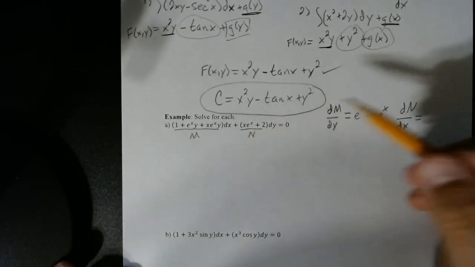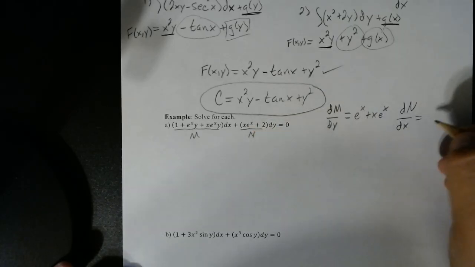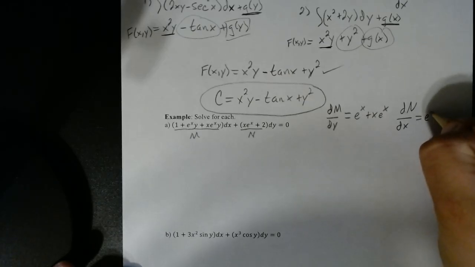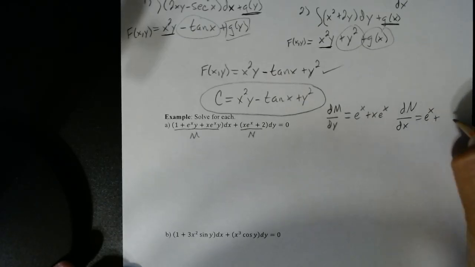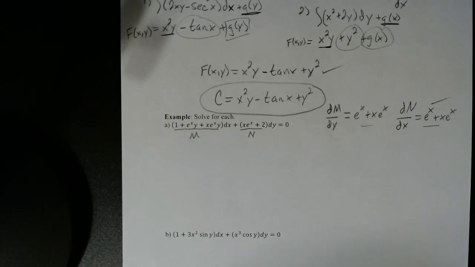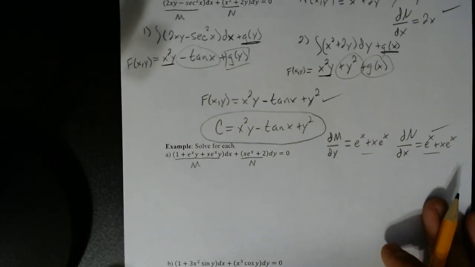Ooh, we got a product rule. So we get e to the x times 1 is just e to the x plus x e to the x. And 2 goes away, and there we go. Compatible. All right? And now we're just going to follow the exact same template as we did above.